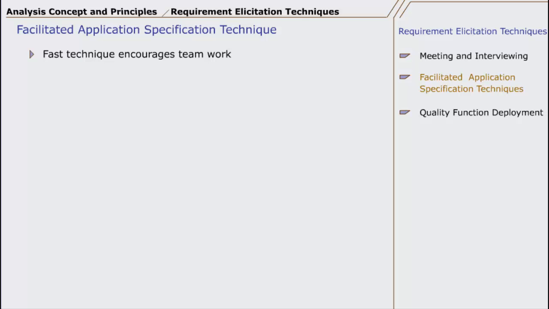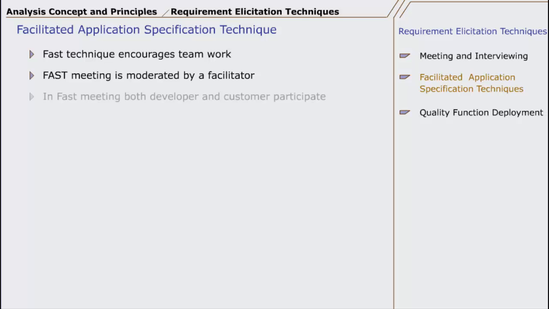In the FAST technique, emphasis is on the team. Meetings are usually coordinated by a third-party consultant who is experienced in conducting and moderating such meetings. A FAST meeting is attended by both the customer and developers who work as a team.